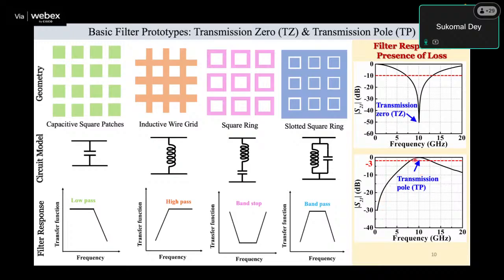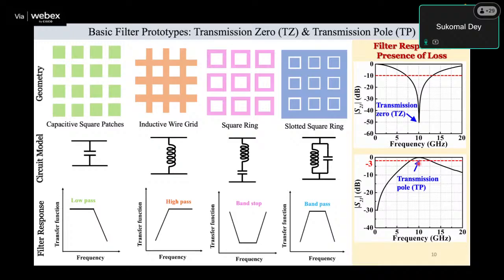Where do you get the transmission pole? It comes at the maximum peak. Now, is a transmission zero restricted only to the band stop filter? No, you can always modify your structure to get a transmission zero even in a band pass filter. Suppose there is a flyoff over here; you can apply a transmission zero to bring it down and improve the sharp stop band rejection.